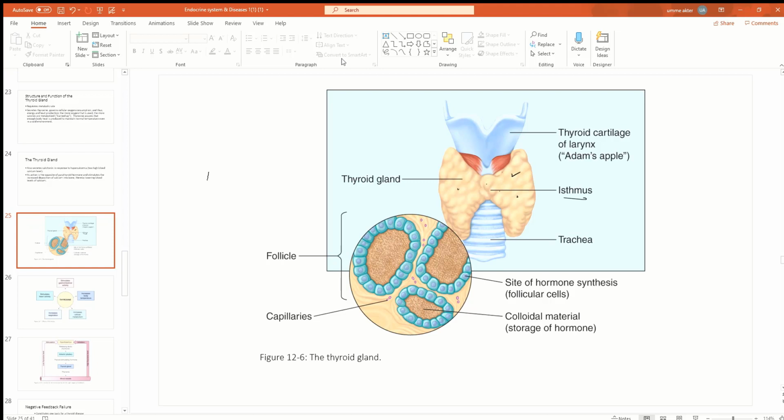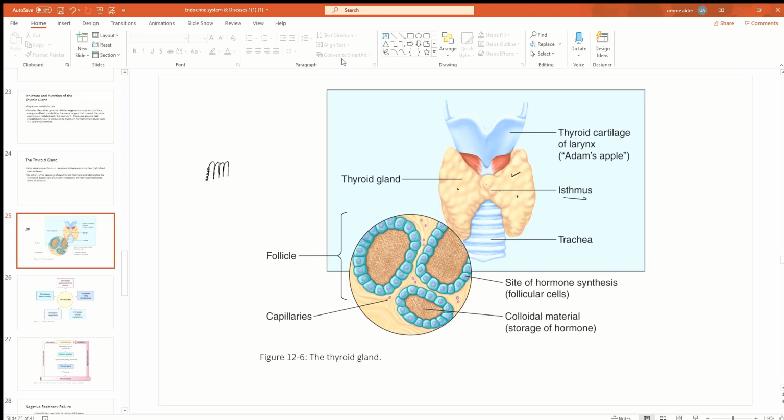Follicles are like finger-like structures. So, the thyroid glands are filled with follicles, okay? And in the wall of the follicles, you have the follicular cells.